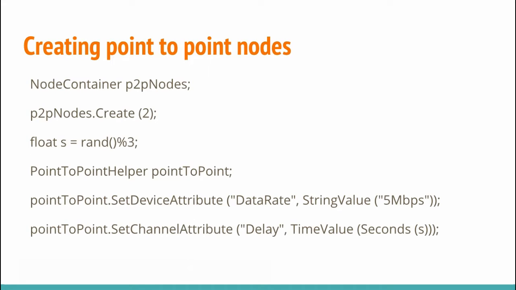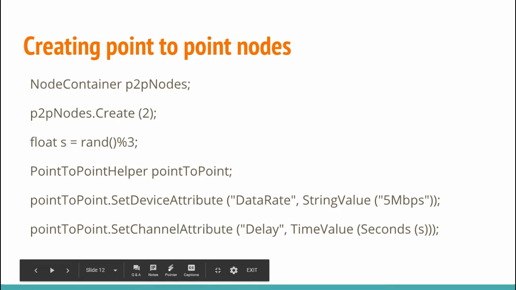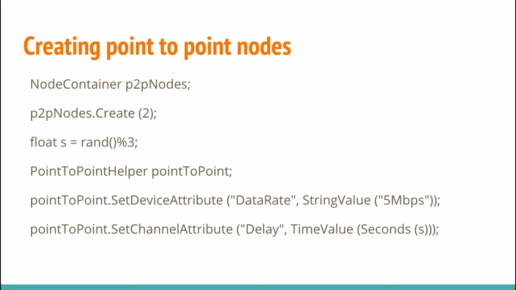After creating the nodes, we have to use the helper, like what is the communication channel that you want to use to communicate between these two nodes, and that is done using this class called point to point helper. This point to point helper contains a class called point to point, and this is the channel that is required for the communication between these nodes.